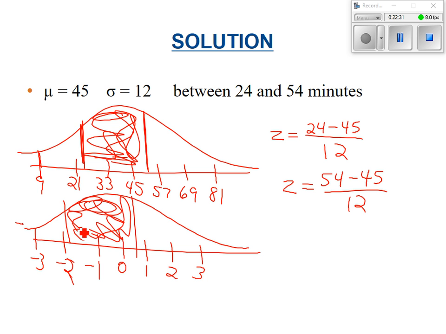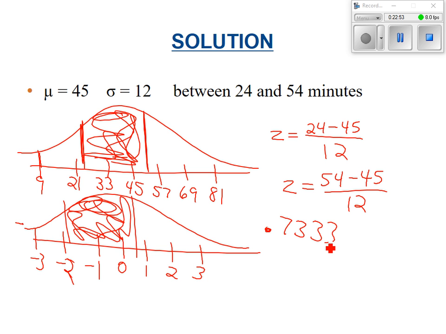Comma, then you put in your 12, your sigma, your standard deviation. Close the parenthesis, hit enter, and it comes up to be about 0.7333. Does that look like that's about 70%?